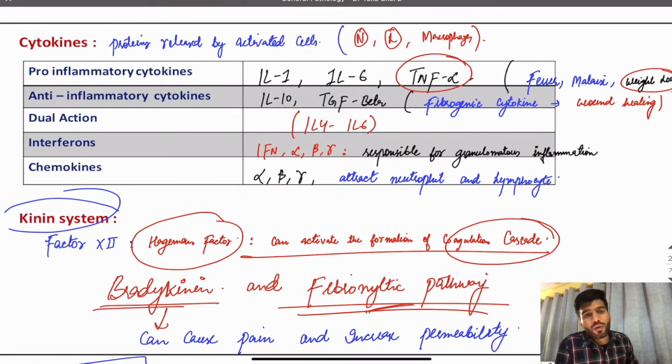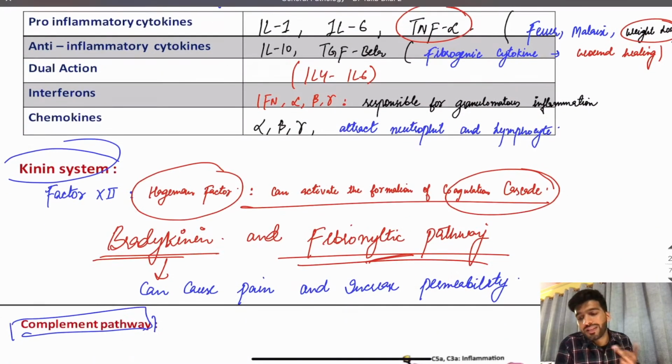Then we have cytokines which are released by these activated cells. Which cytokine has the feature of weight loss? TNF alpha. Which is the fibrogenic cytokine with wound healing activity? TGF beta. Which one is responsible for granulomatous inflammation, guys? Interferon gamma. And which helps in the attraction of neutrophils? We have chemokines, alpha, beta, and gamma.